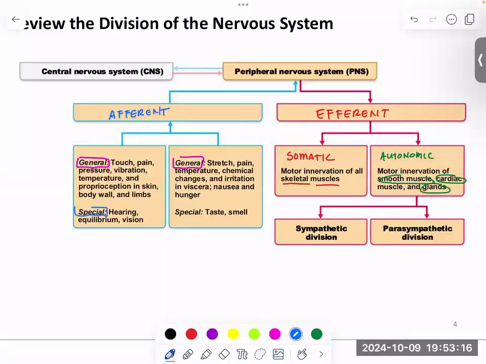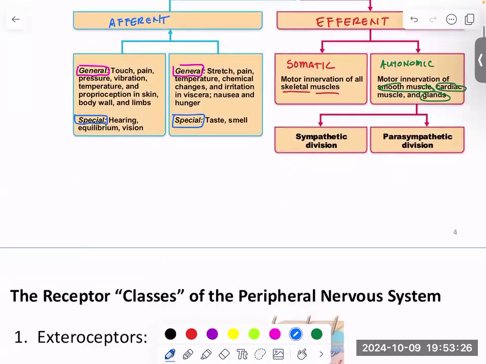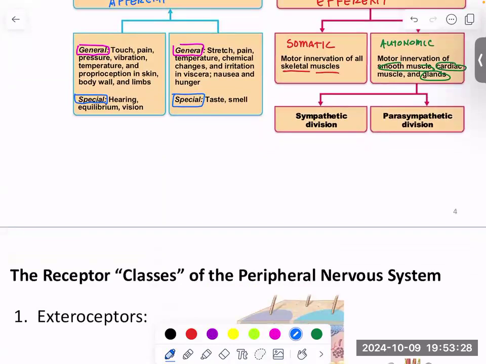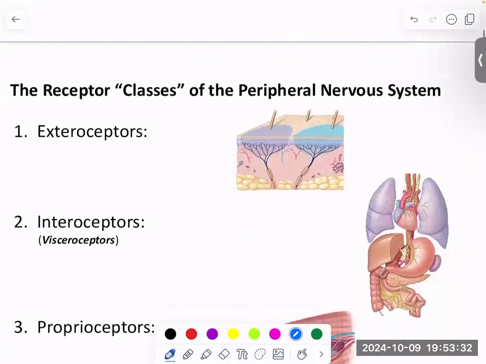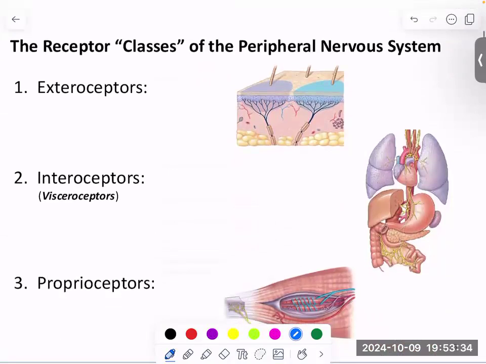Hearing, equilibrium, vision, taste, and smell are the special senses. The receptors are the cells or the ends of neurons that do the detection.